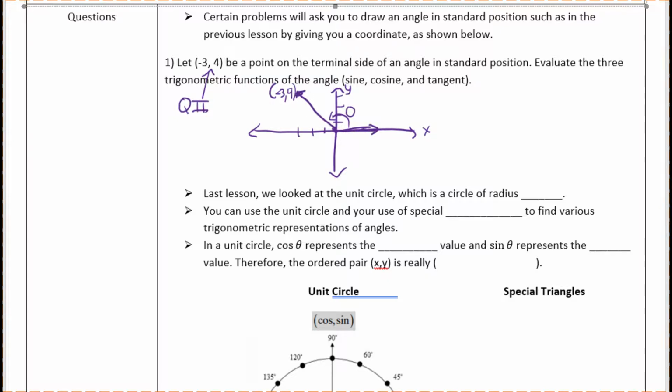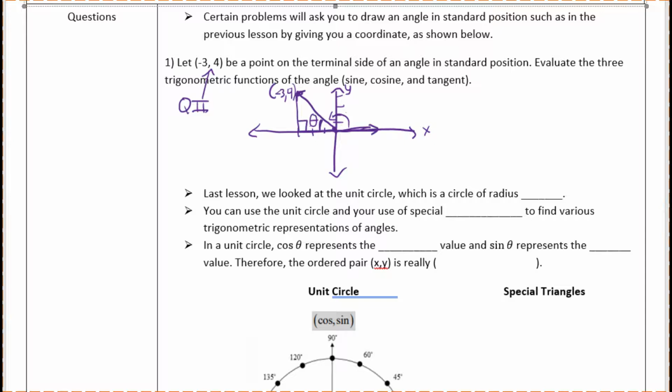I'm still going to draw the angle arrow there, and we're going to call this little angle theta. That theta is known as our reference angle. We'll discuss that in more detail later, but this is just our little angle here. Notice that you can make a right triangle out of this.